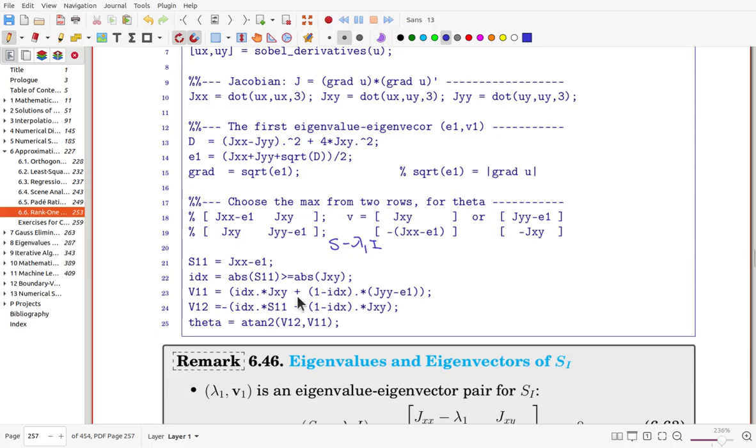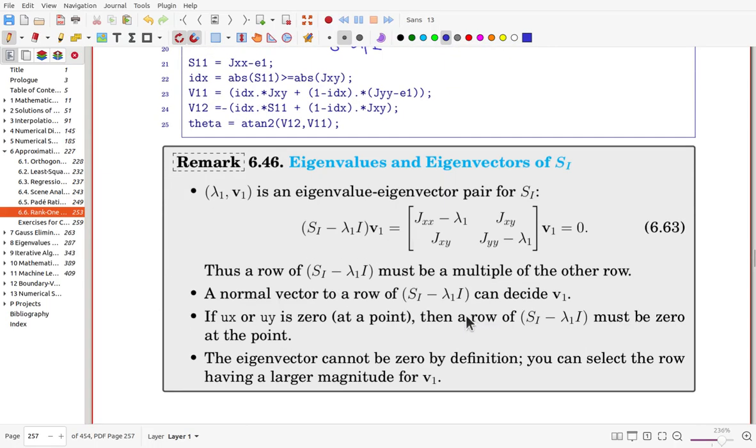That is exactly this scheme. And then by using these two, we can find the angle by using tan 2, so that theta gives the angle of the edge normal direction. Okay. It is explained in this remark.